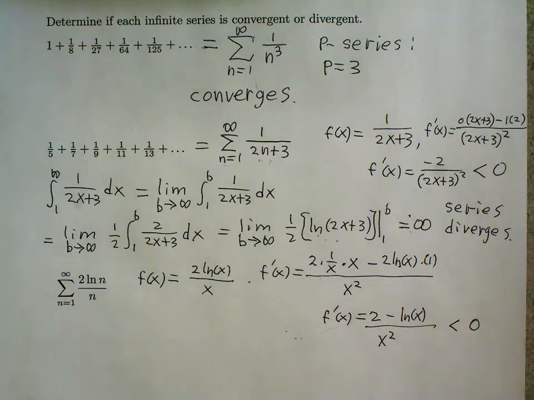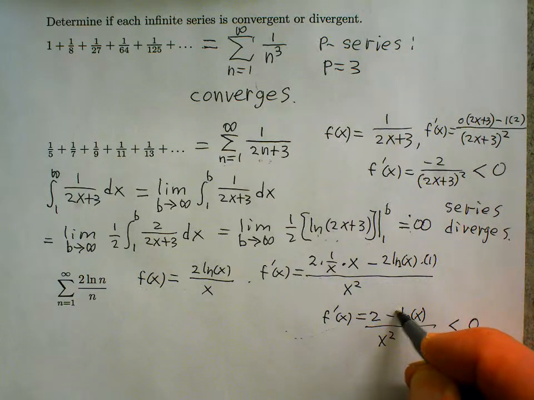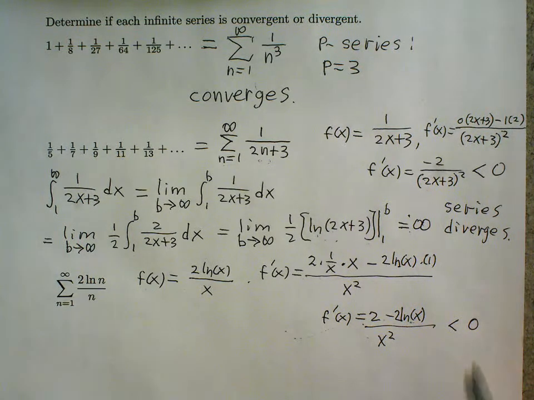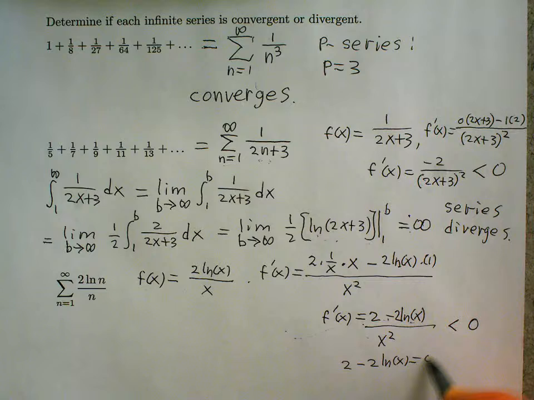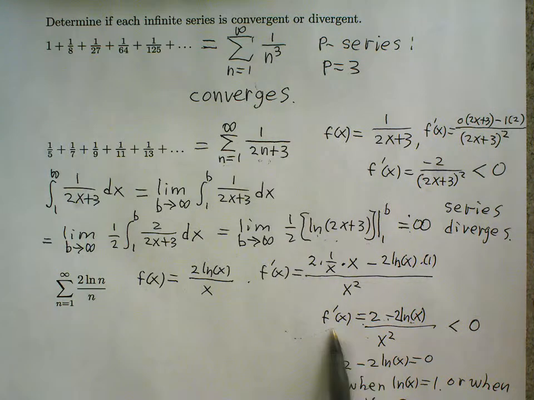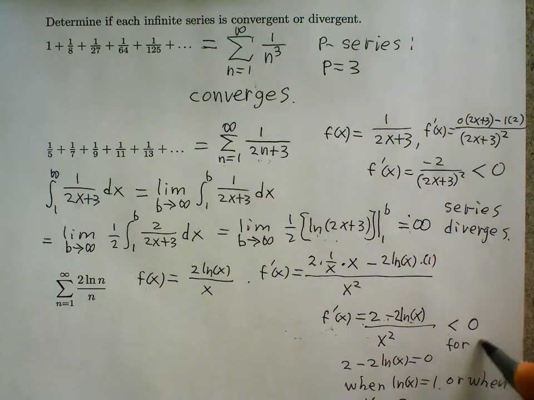I'm missing a factor, aren't I? So 2 minus 2 times the natural log of x. So the numerator is 0 when the natural log of x equals 1, or when x equals e. So the first derivative is always negative for x greater than e.